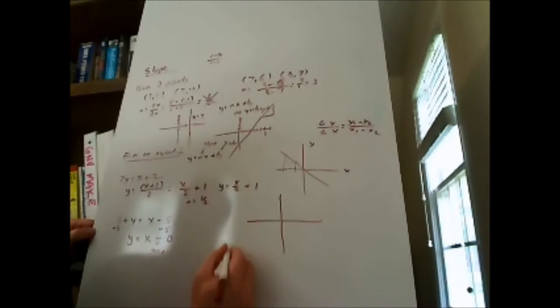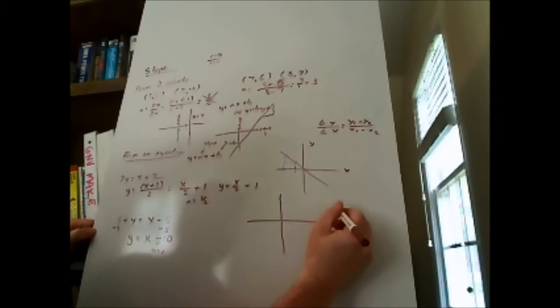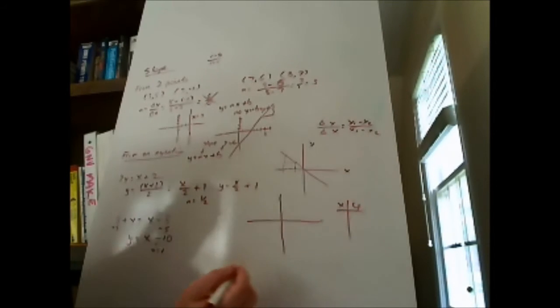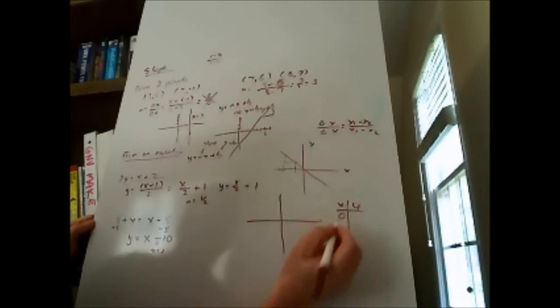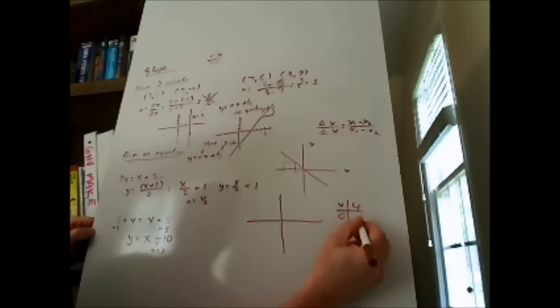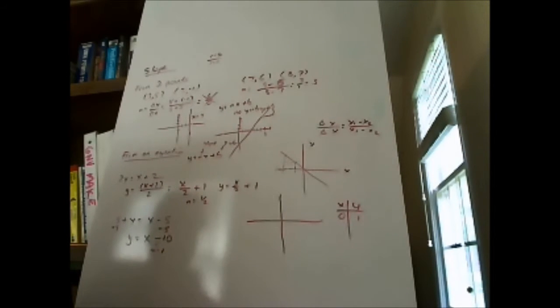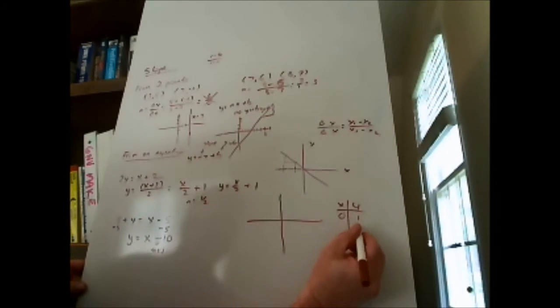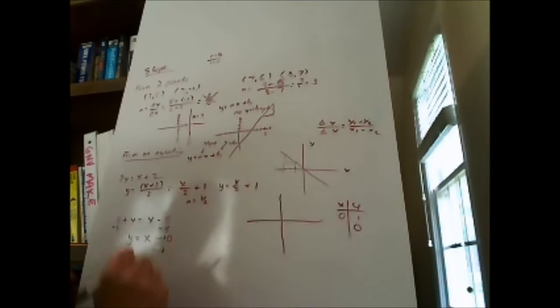Okay, let's find a couple points here, and we'll go over here, x and y. So get the y-intercept first of all. X is 0, y is 1. Another easy thing to do here is say, okay, x is 0, y equals 1. If y is 0, what would x be?